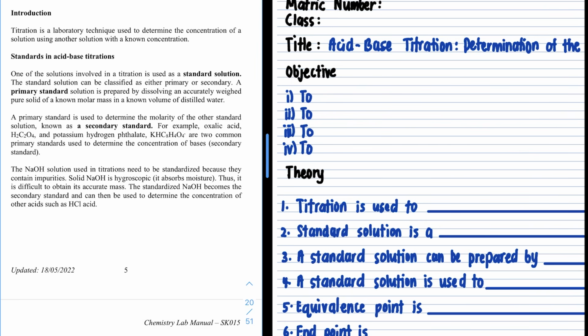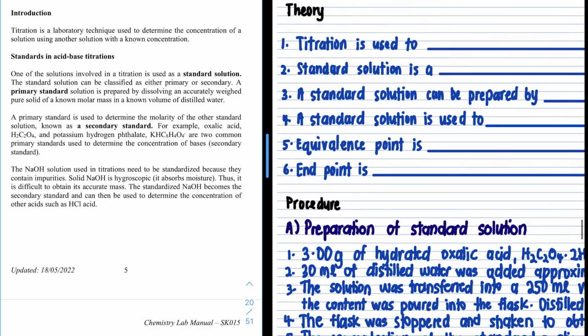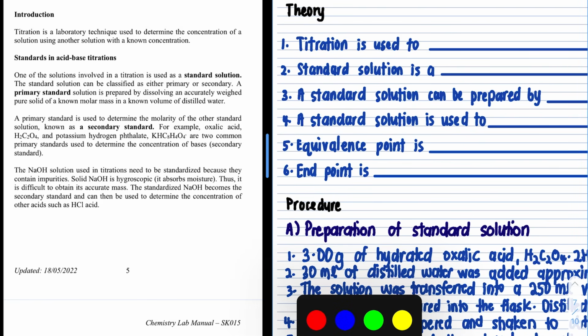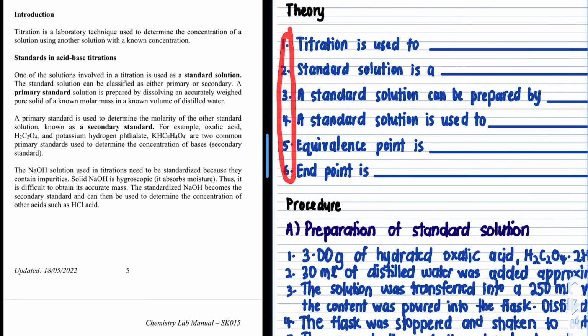When you summarize it, I have written down what must be included in the theory itself. For example, here I have written a numbered list of theory points 1, 2, 3, 4, 5, 6. From this, you only have to answer them. The answers can be found in your introduction.